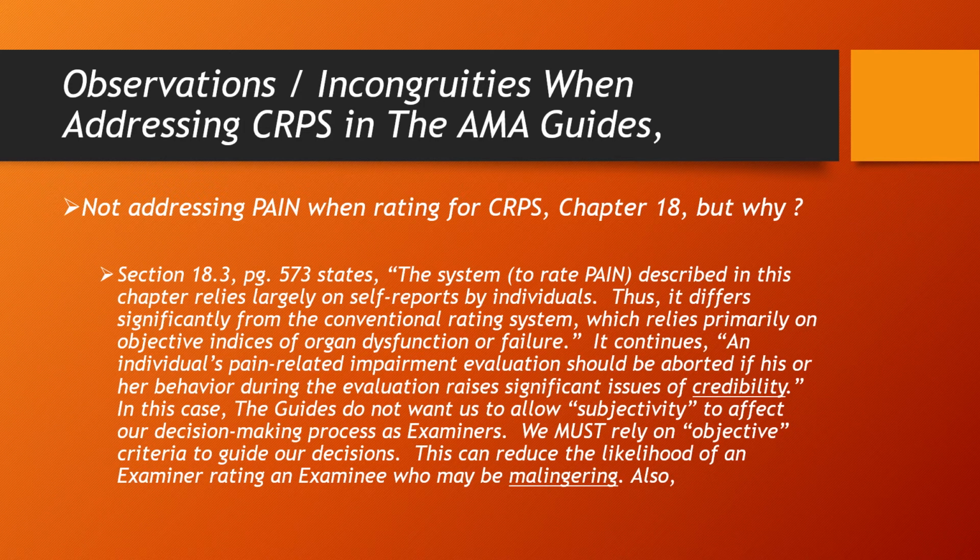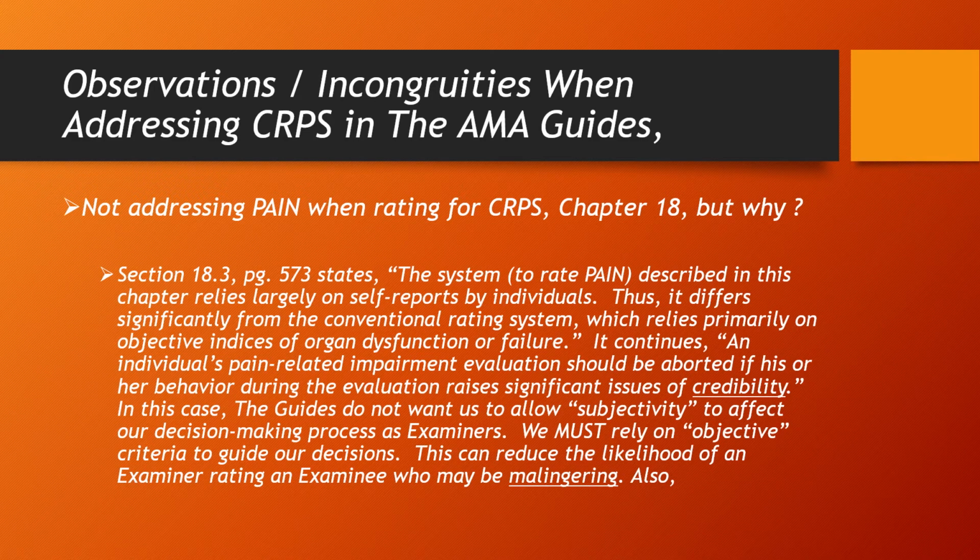Now, you may be thinking, okay, we have Chapter 13, the central and peripheral nervous system, for the lower extremities, and Chapter 16 for the upper extremities, CRPS 1 and 2. What if this is such a painful condition? As we discussed earlier, CRPS has a rating of 46 out of 50 on the McGill Pain Scale.